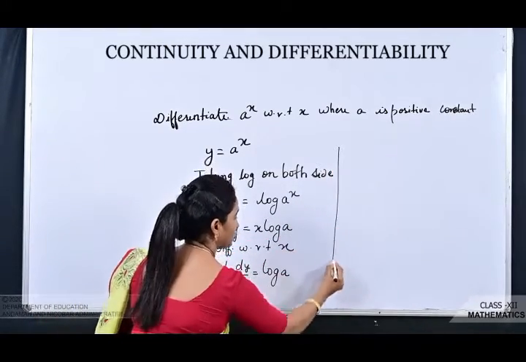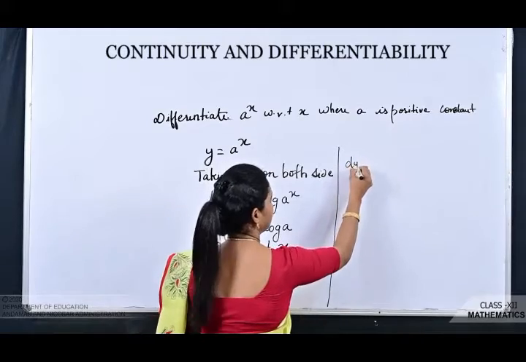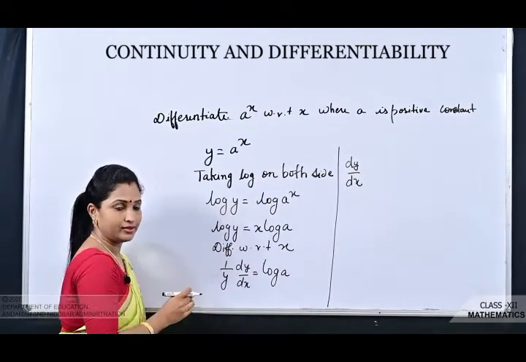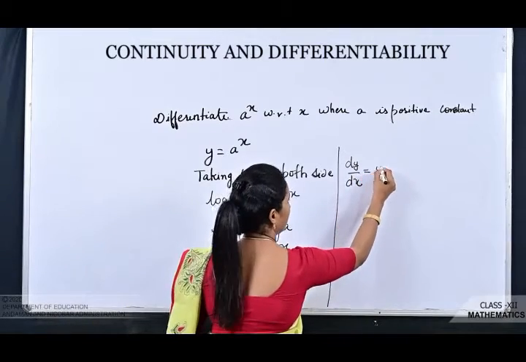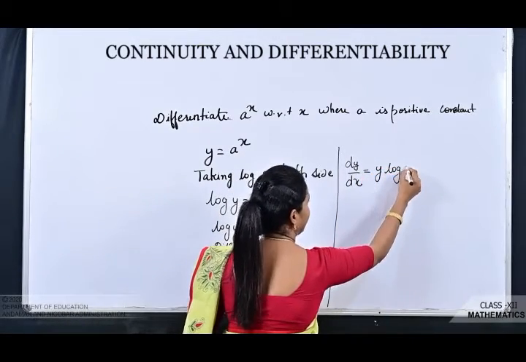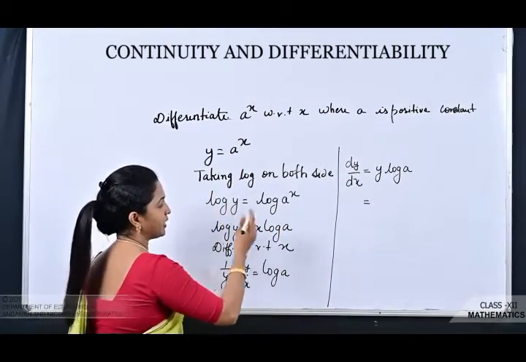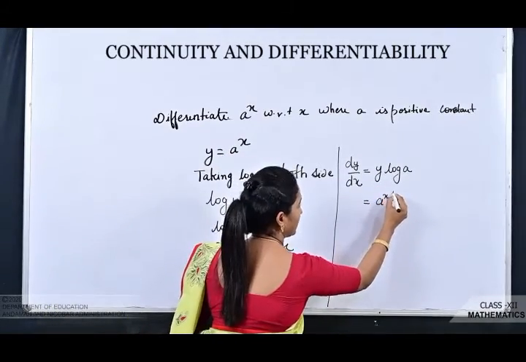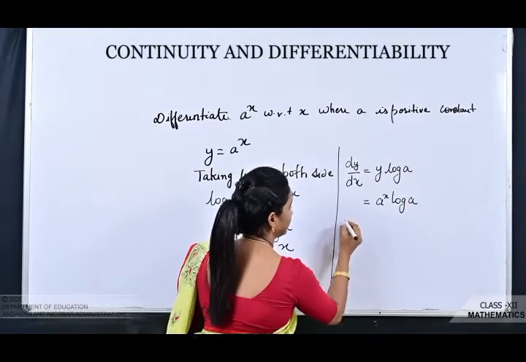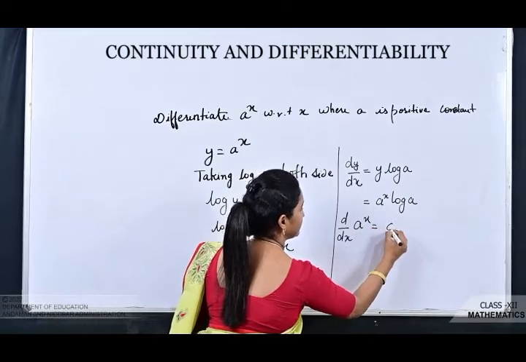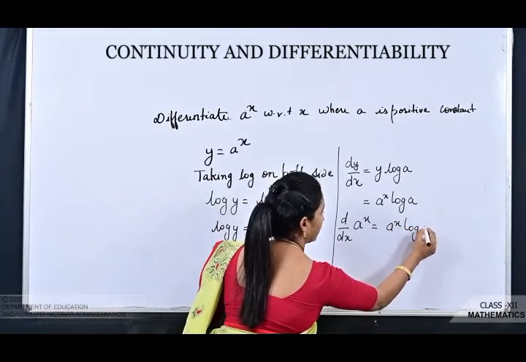Now if you want to find dy by dx, you have to take this y to the other side, so you are going to get y log a. What is y? y is your a power x, you will replace it, so a power x log a. That means d by dx of a power x is a power x log a.